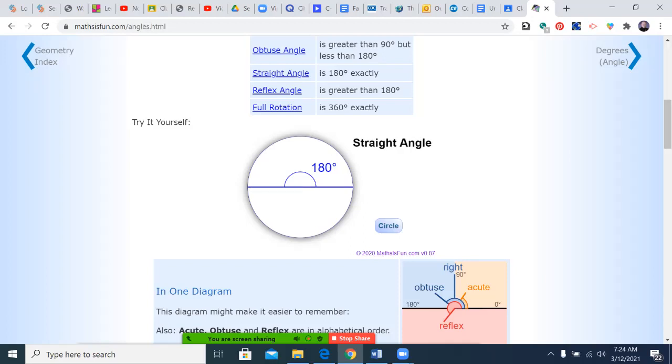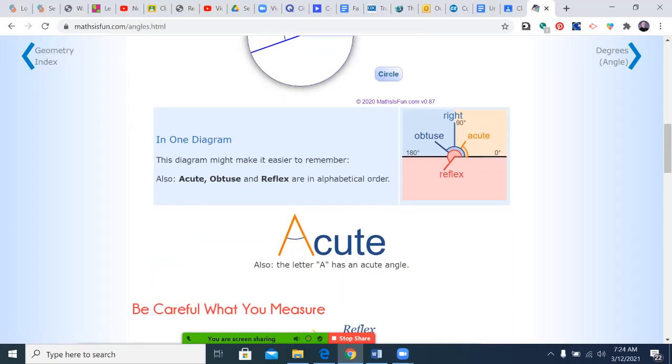Once I hit 180 degrees, something that is not really talked about so much in 5th grade is the reflex angle, from 180 until you get all the way back around, and then it's a full rotation. For my math purposes, you'll not see the reflex angle, but it's nice for you to know those terms, as they will eventually come into play in your academic career.